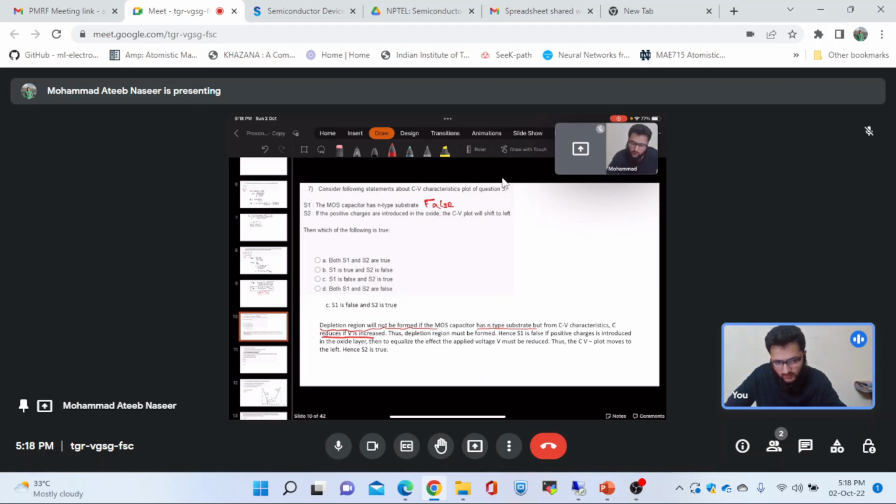If there are some positive charges introduced in the oxide, we will require less voltage on the gate to modulate the charge in the channel, because this depletion would have already started because of those positive charges that are present in the oxide. Thus we will require less positive gate voltage as compared to the previous voltage that was required when we had zero oxide charges.